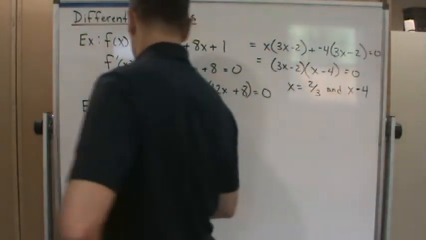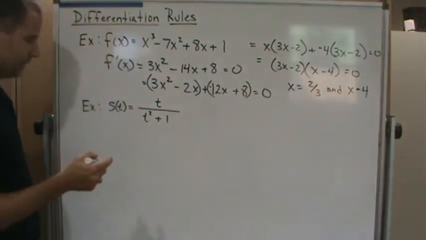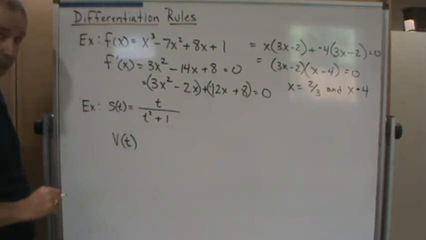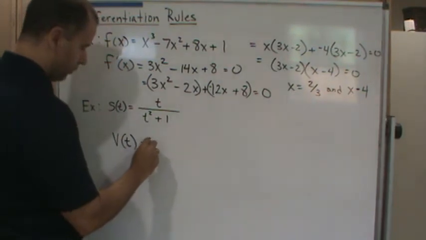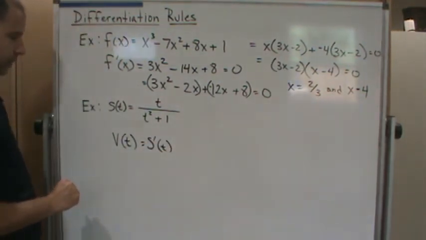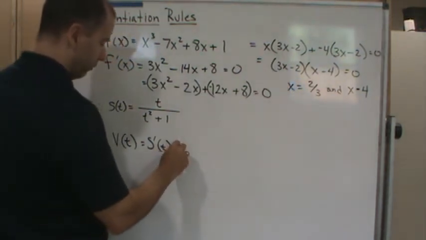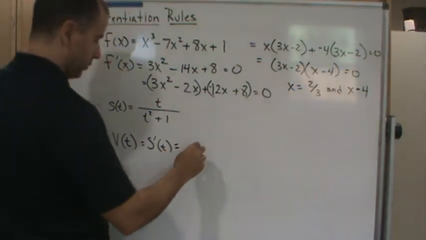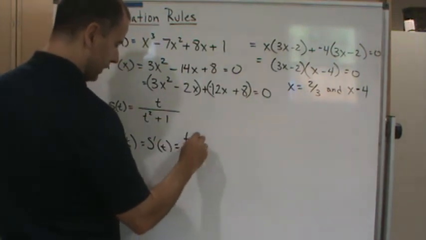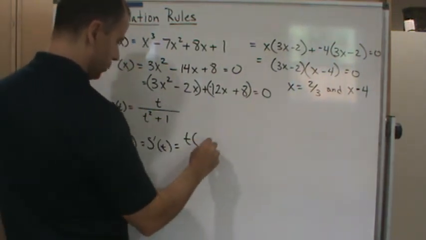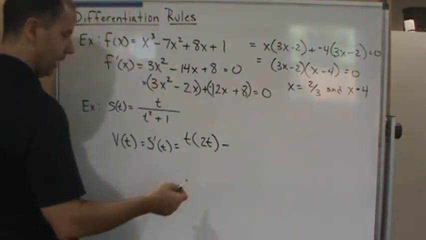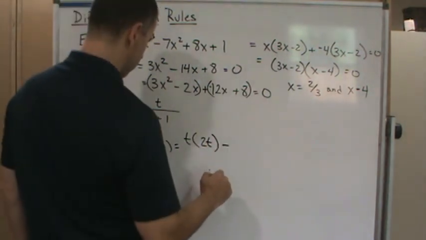So how do we find velocity? Instantaneous velocity is equal to the derivative of the position function. Well, how are we going to do that? We're going to use the quotient rule.